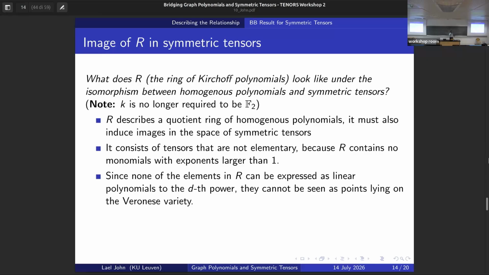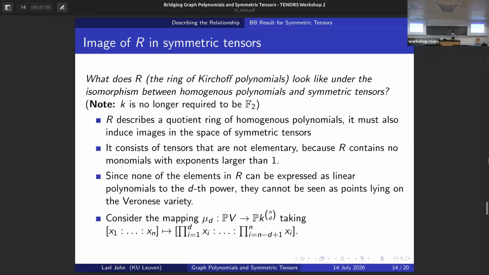Can I show them as lying close to the Veronese then? And here I have made a mistake. It is not a mapping mu d from PV to PK.